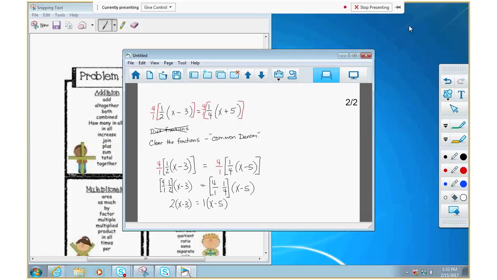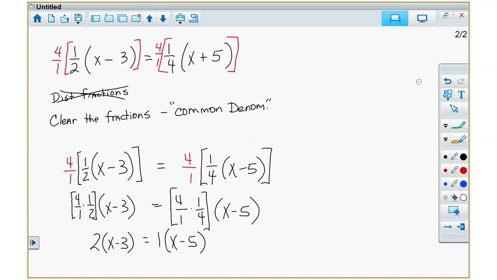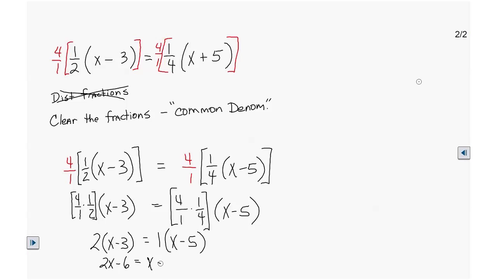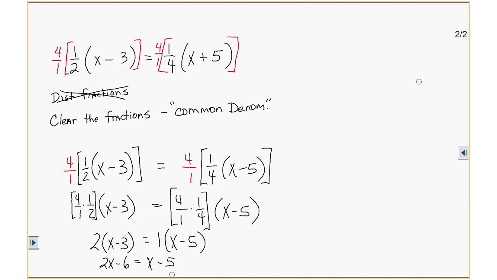Y'all done? What'd you come out with? Let's see. 2x minus 6 is equal to x minus 5. The x comes over, you're left with x. The 6 comes over, that's a plus 6. X is equal to 1.